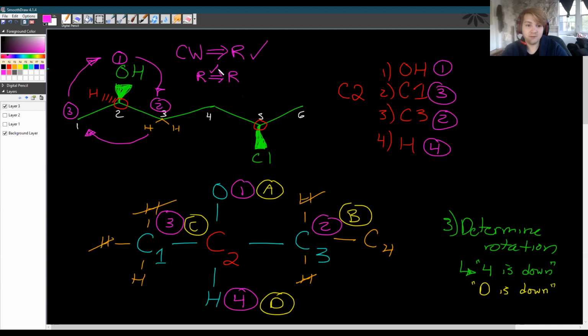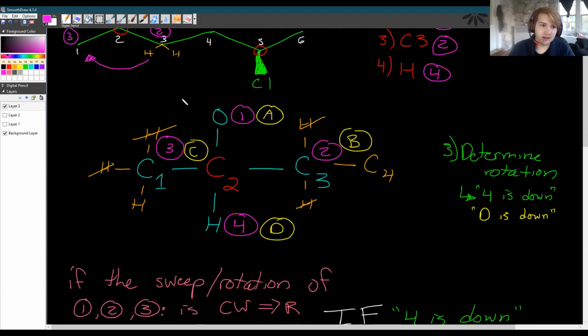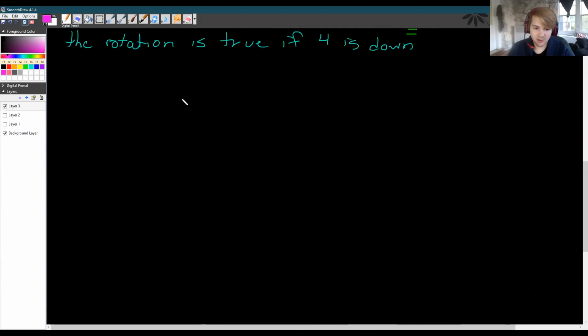And since it was, it meant that R is R. The rotation that we guessed is true. And so we can say that the rotation of C2 is R. So carbon 2 is a right-handed rotation. Very nice. All right, let's do carbon 5.